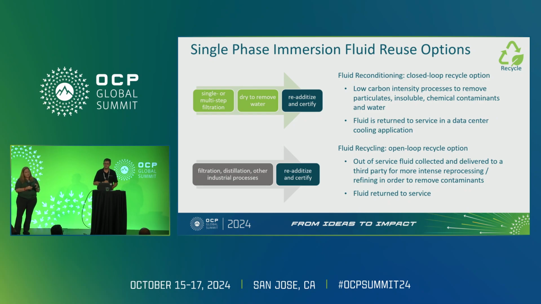With today's technology, it would not likely be reintroduced in an immersion cooling application. In the future, as re-refiners come into play, it's likely that this could change, but with today's technology, this would likely go into some other lubricants application.